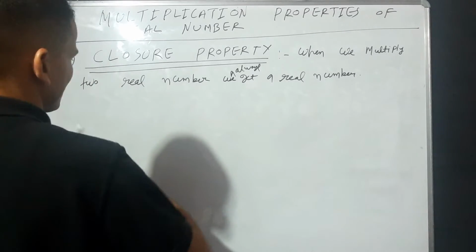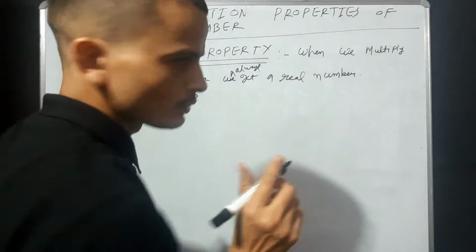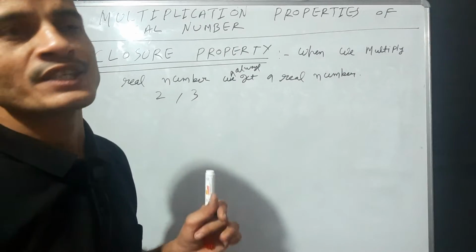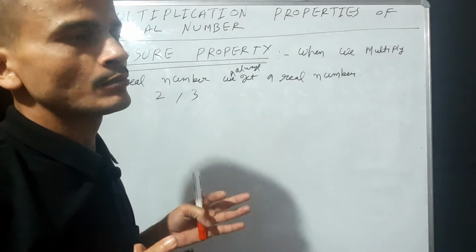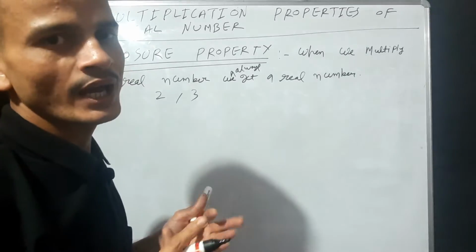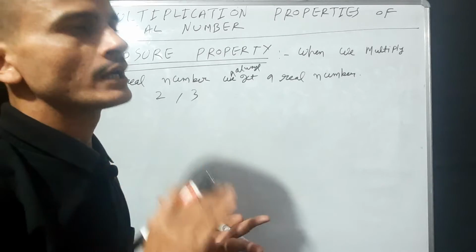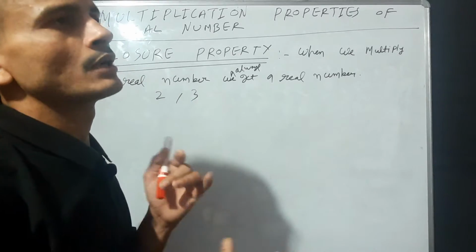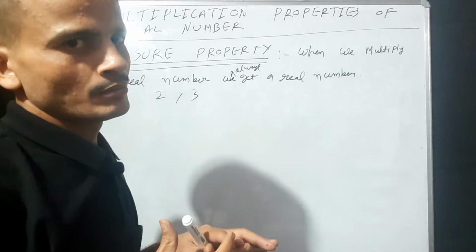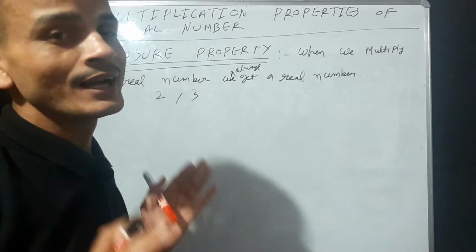Just see the two numbers 2 and 3. 2 and 3 are real numbers, because we already discussed that a number whose square is non-negative is known as a real number. It means all numbers, even numbers, odd numbers, natural numbers, rational numbers, irrational numbers, prime numbers, co-prime numbers, all are real numbers.